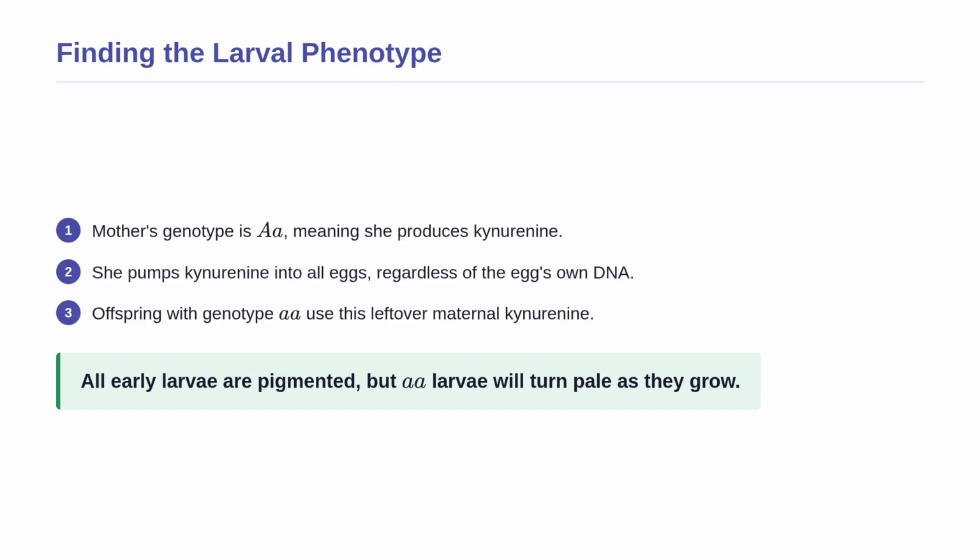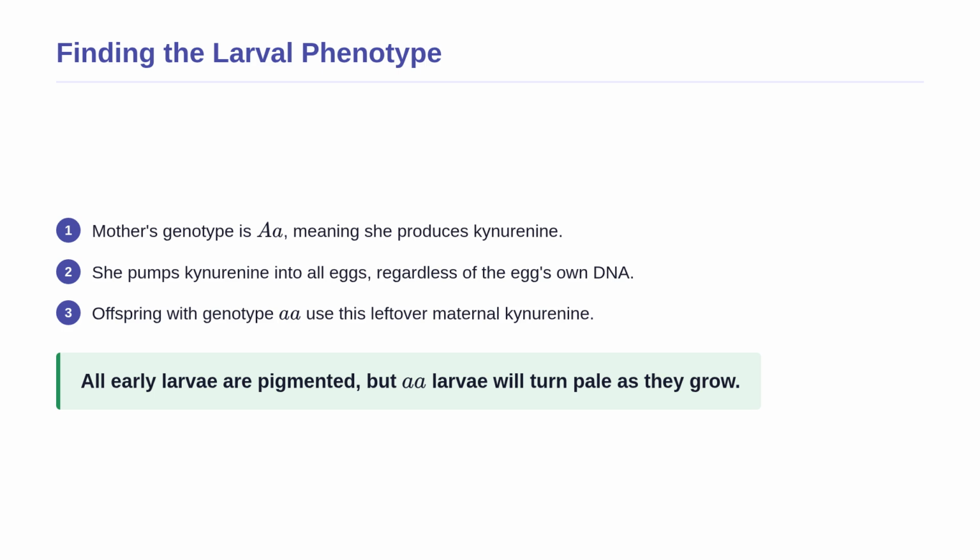Let us solve for the final physical appearance. We know the mother's genotype is capital A lowercase a, meaning she produces the dark pigment kynurenine. She pumps this into all her eggs. Therefore, even the offspring that inherit the lowercase aa genotype will be born as dark pigmented larvae because they are using the leftover kynurenine provided by their mother.